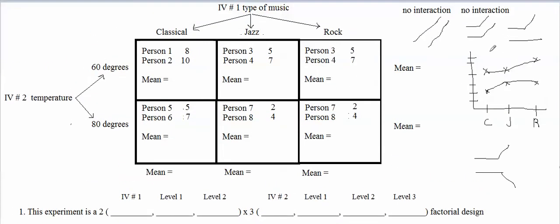So it's a little bit harder to tell if there's an interaction if it's a 2 by 3 and not just a 2 by 2. But you have to just look at whether the two lines are the same, or if the two lines are different, like they are here, or like they are here.